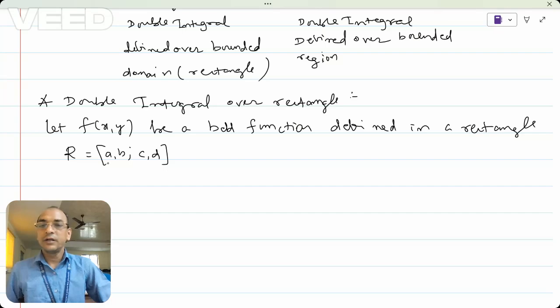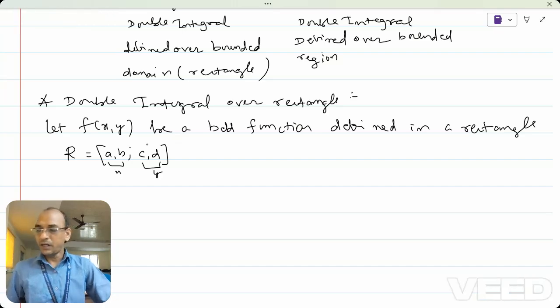Remember, in this expression the first two quantities represent the limits of x and the second two quantities represent the limits of y.